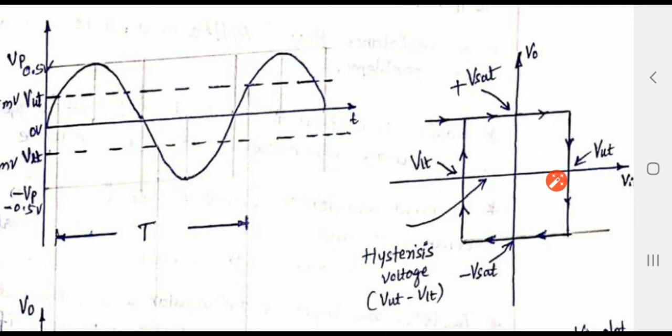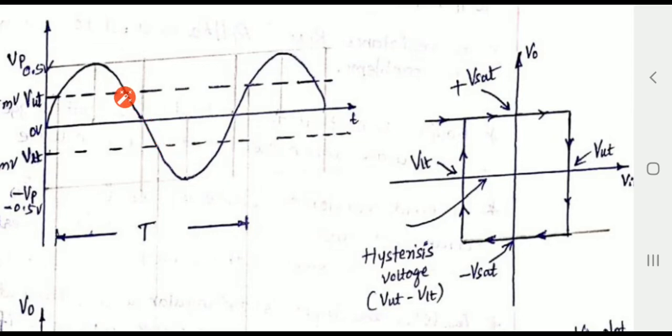When V in becomes equal to or greater than VUT, the output voltage V naught drops to minus V saturation. This is a drastic fall of V naught to minus V saturation, and it remains there.